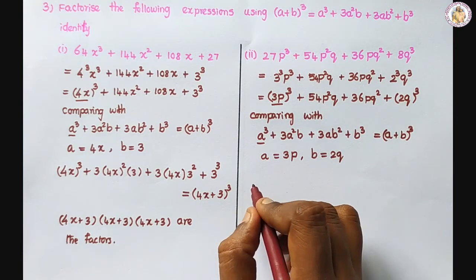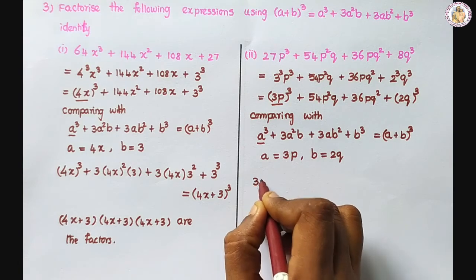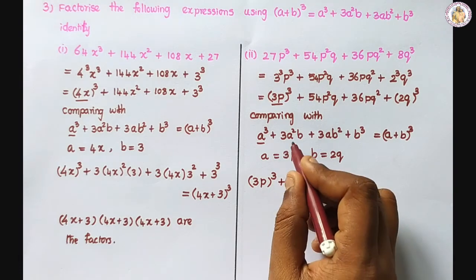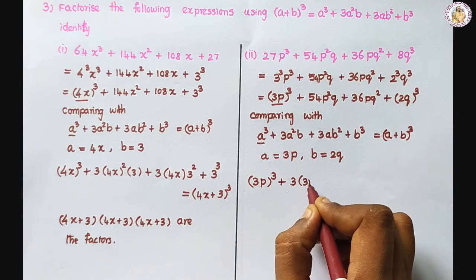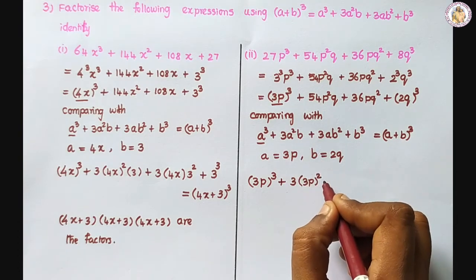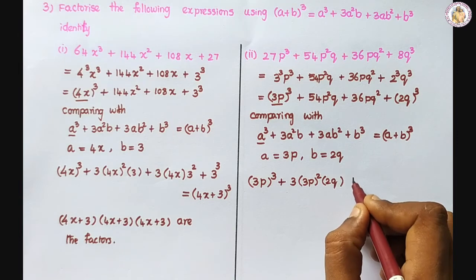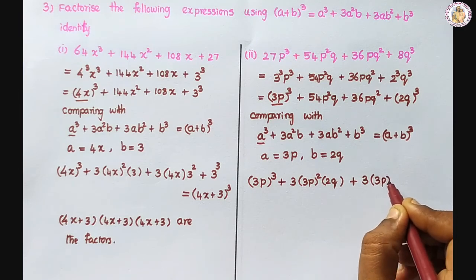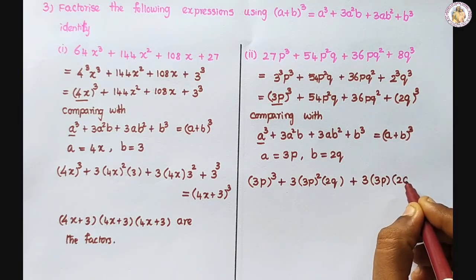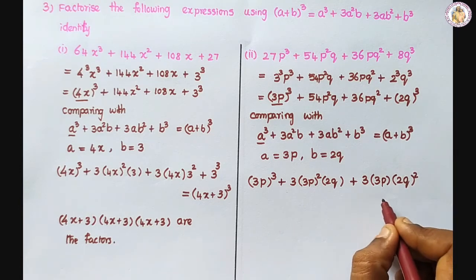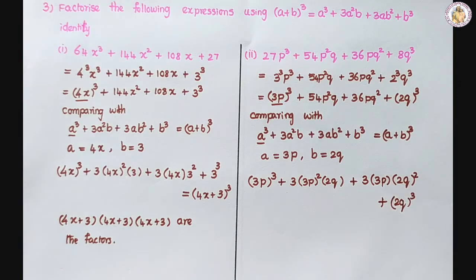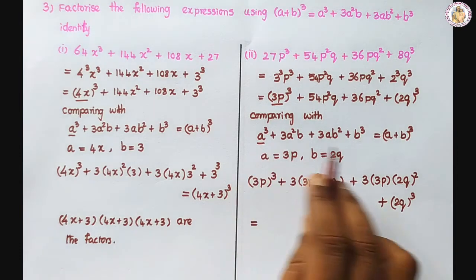Now write the expressions fully. A cube, that is (3p) whole cube, plus 3 into a squared, that is (3p) squared, into b, that is 2q, plus 3 into a, that is 3p, and b squared, that is (2q) whole squared, plus b cube, that is (2q) whole cube, that is equal to (a plus b) whole cube.